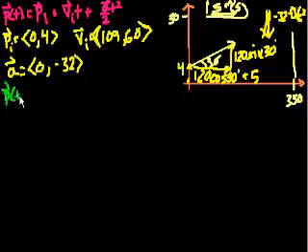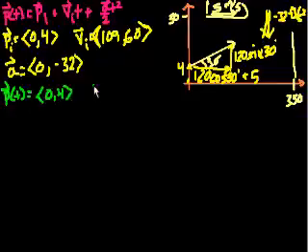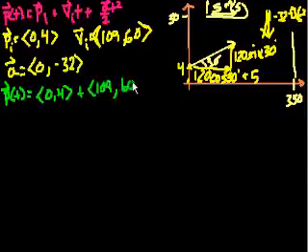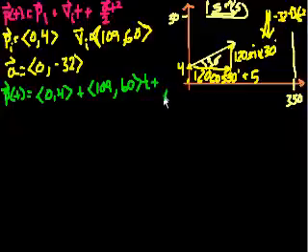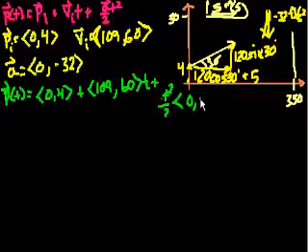Our position vector equals my initial position, and that's 0, 4, plus my initial velocity vector, 109, 60 times t, and I'm running out of space, plus t squared over 2 times my acceleration vector, 0, minus 32.